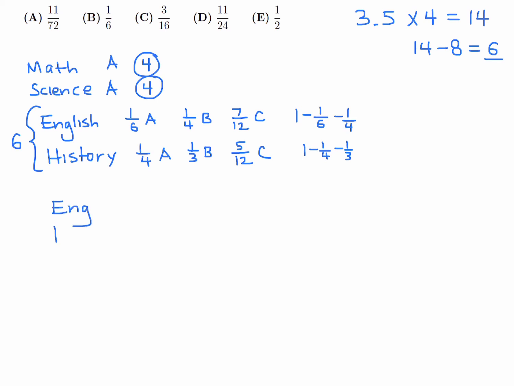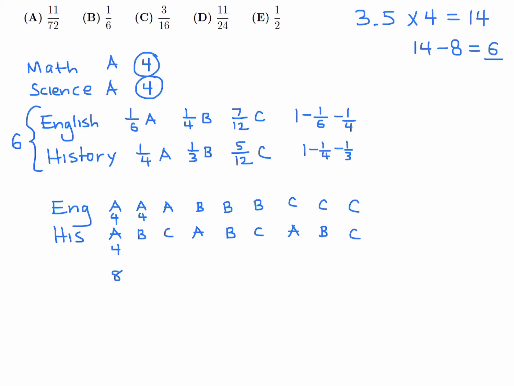English and history. She can get AA, AB, AC. She can get BA, BB, BC. She can get CA, CB, and CC. Okay, now let's talk about the points. This will be 4 and 4, and that's 8.